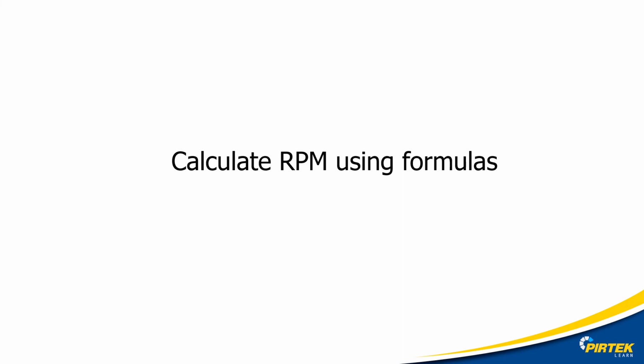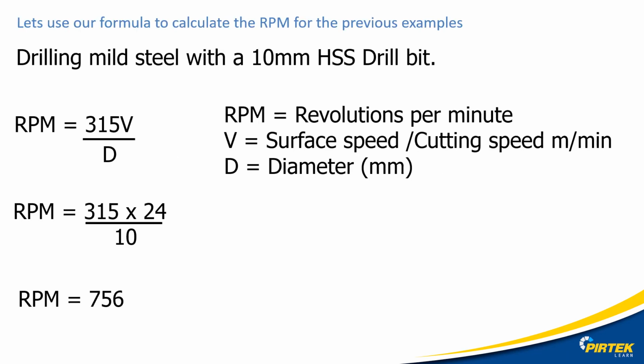Let's have a look at some examples of calculating the RPM from the surface speed. Let's calculate the RPM of a 10mm drill bit, drilling mild steel. First, let's multiply the surface speed from the tool data sheet by 315.